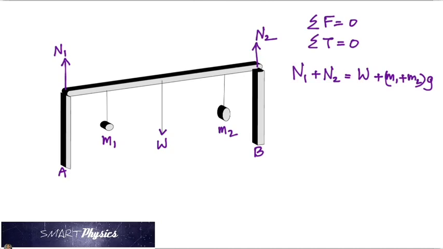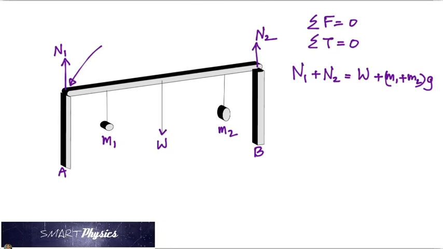Next is the part where you consider the torque. So you have to pick a point. You have to decide where you're going to calculate the torque about. And usually we take the point at the left. You could take it anywhere. So focus on this point here. That's where we're going to calculate the torque. If you focus on that point, tell me what is the torque due to N1? 0.